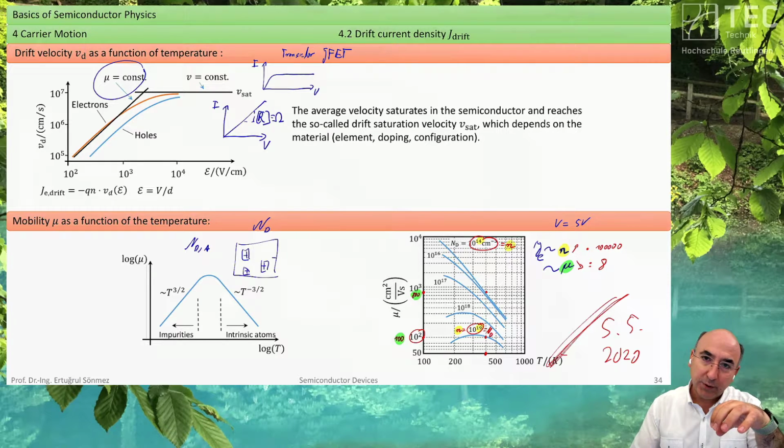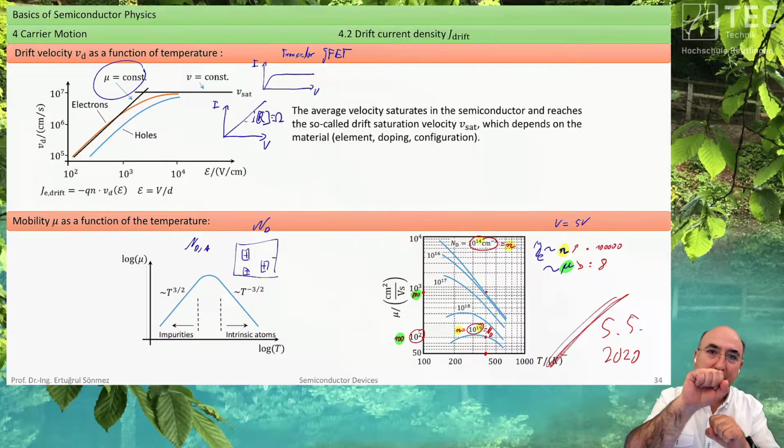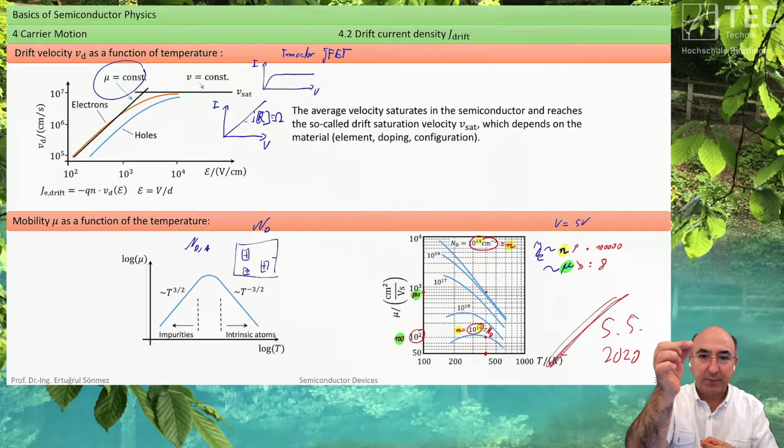If you put boron into the crystal, you have 3 valence electrons, you need 4. The 4th is caught from the valence band. And now we have charges bound to the lattice, space charges, and mobile carriers.